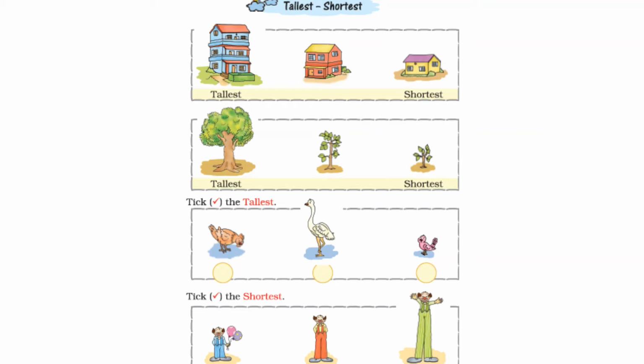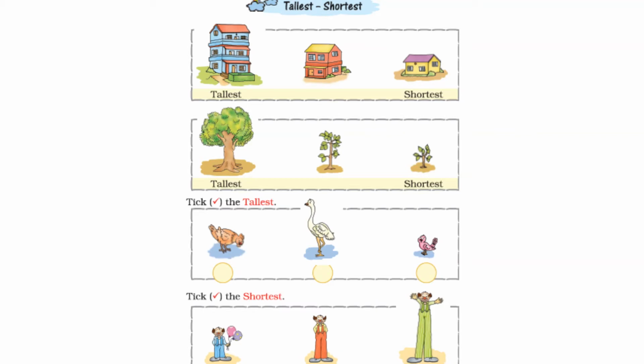Now we are comparing three trees. The left one is tallest. The most right one is shortest. So they are asking questions like, who is tallest?